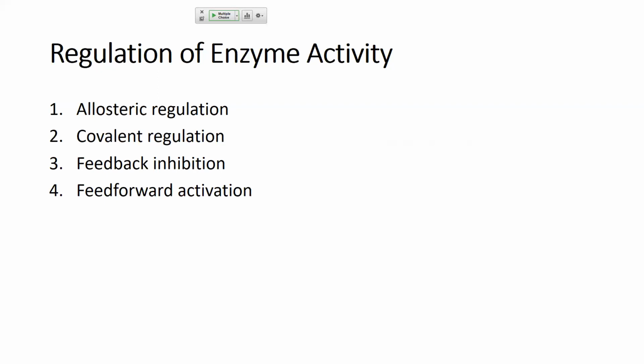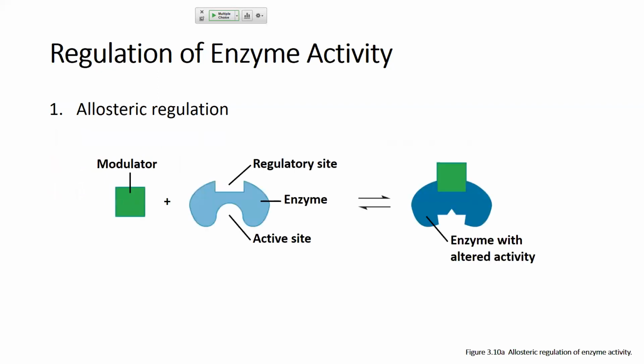So there are 4 mechanisms by which enzyme activity is regulated, and we'll talk about each of the 4 of them. So the first one is allosteric regulation. And this is basically where we have two different sites on the enzyme. There is a regulatory site and an active site.